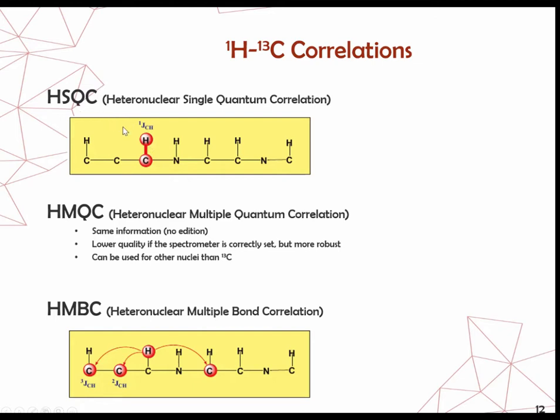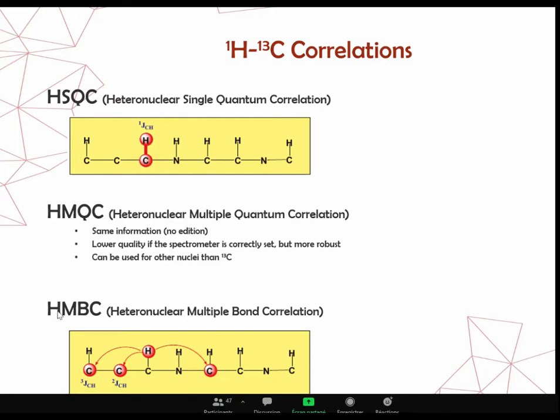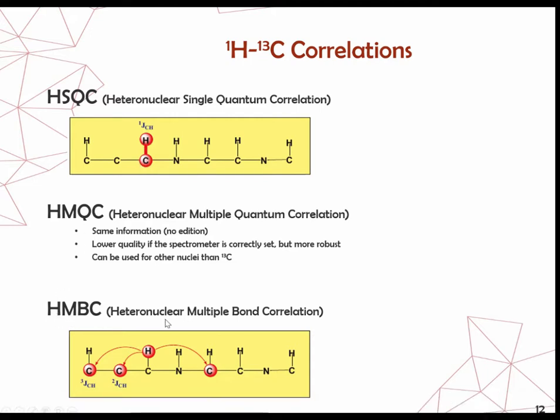So for HSQC, we are looking for 1 bond, 1J CH couplings. And for HMBC, it means heteronuclear multiple bond correlation. So here we will see 2J or 3J carbon-proton correlations.